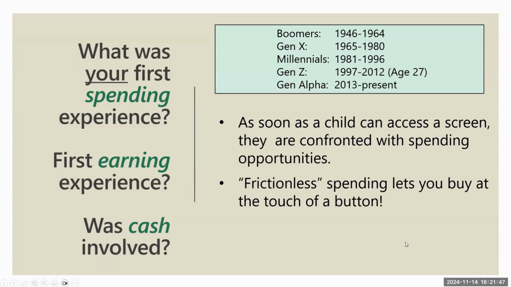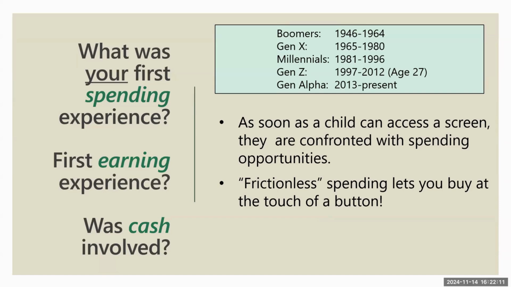We also are seeing the rise of frictionless spending. Do you save your card on your phone? Does anyone have the tap to pay on their phone, like they use Apple Pay? So that's called frictionless spending. And consumer science tells us that we will spend more if there is the least amount of friction or touching.